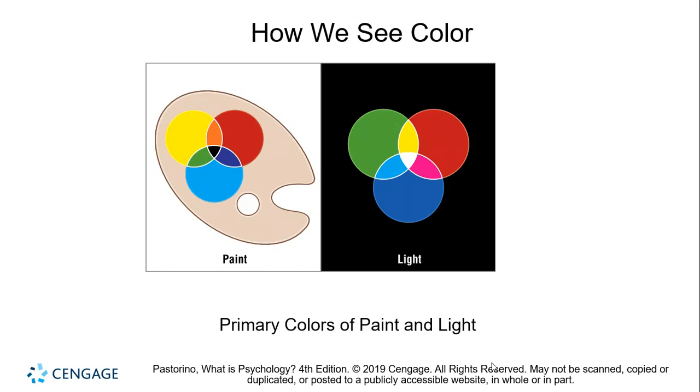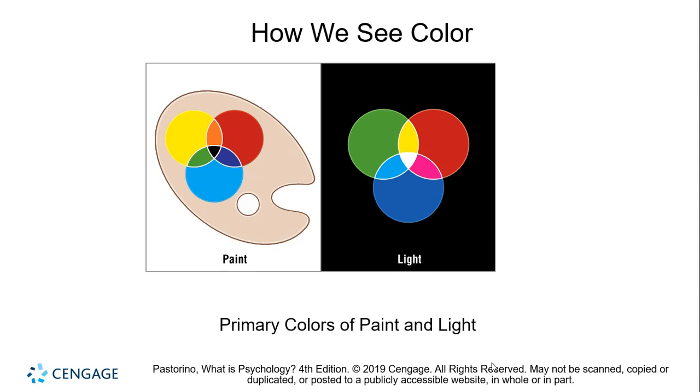If you want to make purple, then you're going to want to mix red and blue. And if you want to make green, then you want to mix yellow and blue. That's because red, yellow, and blue are your primary colors, and orange, green, and purple are going to be your secondary colors. In light, it doesn't work that way.